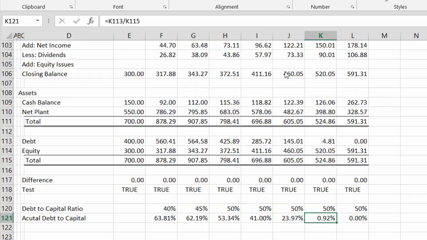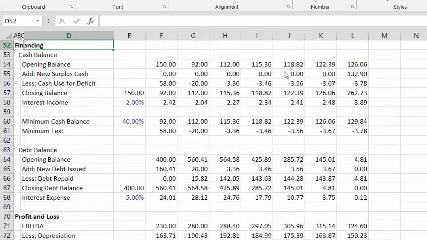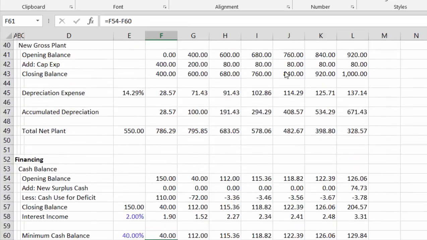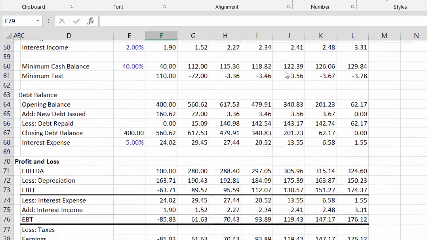In this case, we're going to be able to have a lot of negative equity issuances. Okay, and let's make the first EBITDA 100. Okay, a really low one. And here's the idea of this one. When we do this, we have a loss.